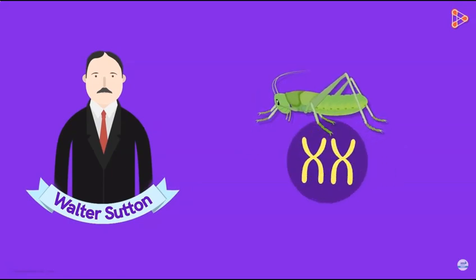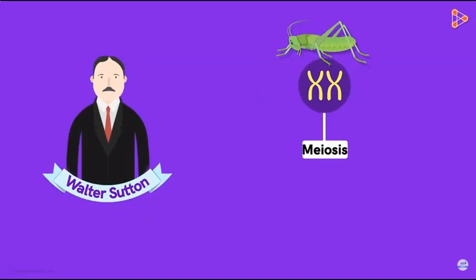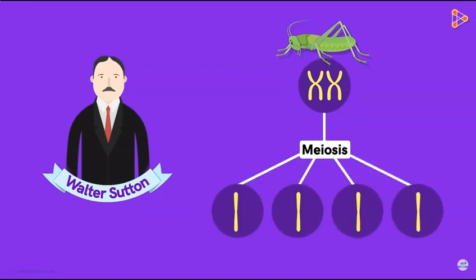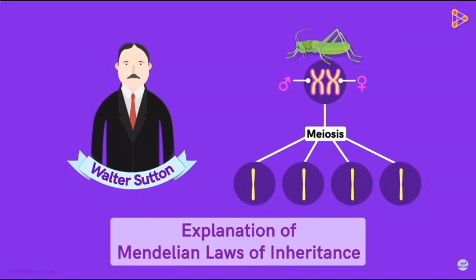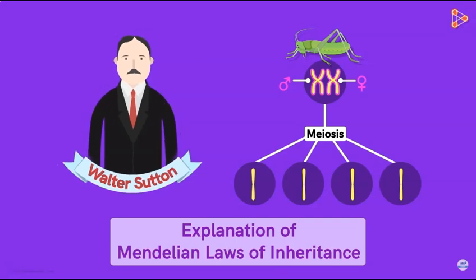He found that chromosomes occur in pairs and during meiosis separate from one another in the gametes formed. He put forth the assumption that a pair of chromosomes contains one chromosome from the mother and one from the father. The separation of chromosomes during meiosis may be the explanation of the Mendelian laws of inheritance. This is what Sutton hypothesized.